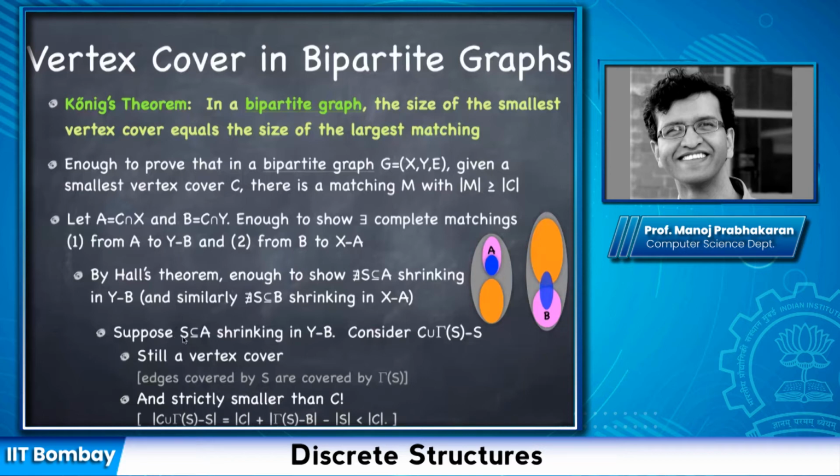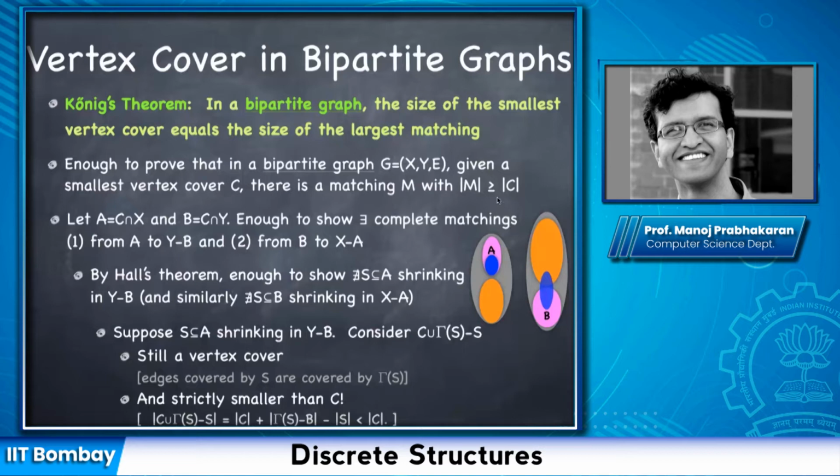So it couldn't have been the case that there is a shrinking S in Y difference B, and therefore it satisfies the Hall's theorem condition to show that there is a complete matching from A to Y difference B. And as I said, similarly in the other direction, part 2, I get two complete matchings in the two directions, and put together that's a matching of size C. Which is what I wanted to prove.